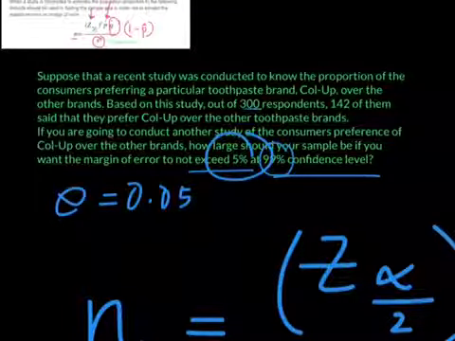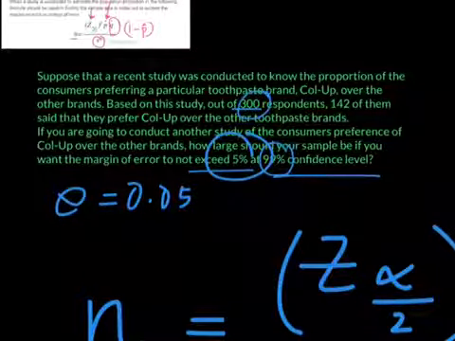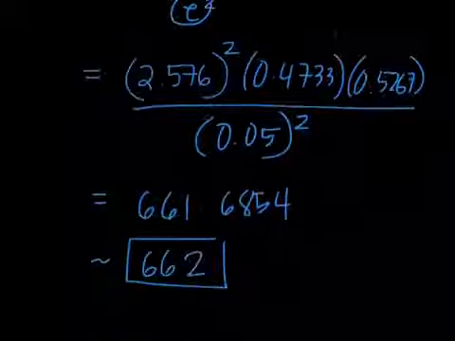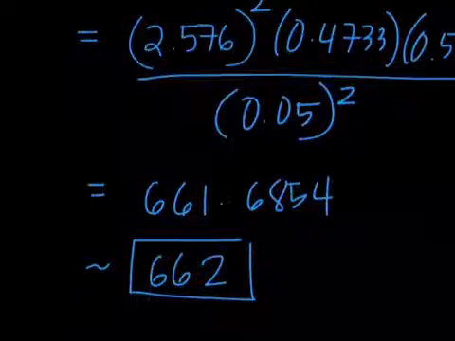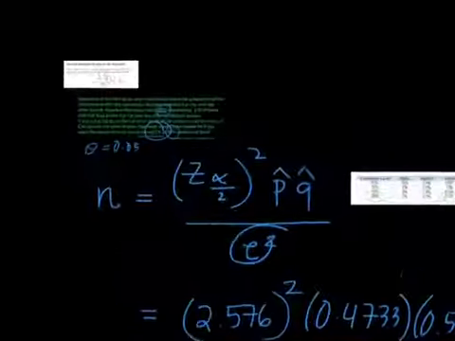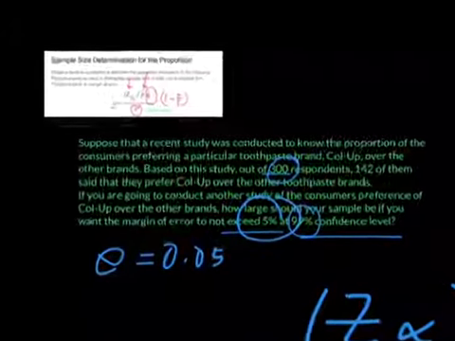Previously, the recent study was done on 300 respondents. This time, if we will do a new study, we have to ask 662 respondents in order for us to satisfy the conditions set. So that is how we find the sample size when we want to conduct a study on proportion.